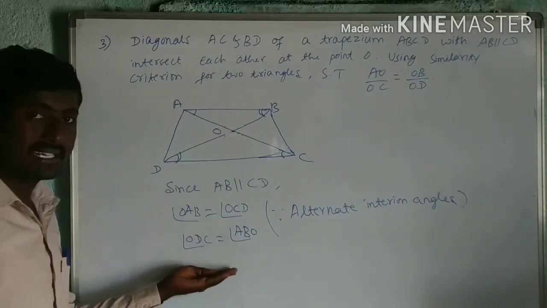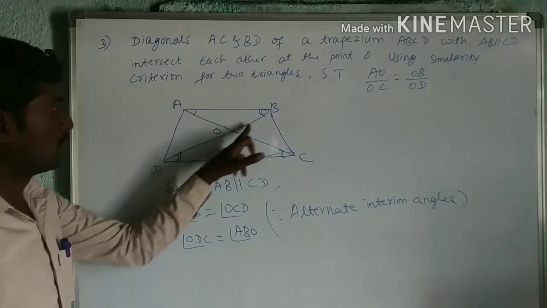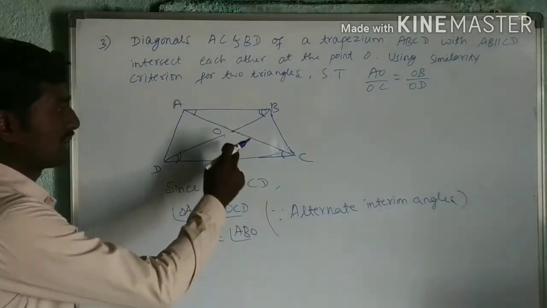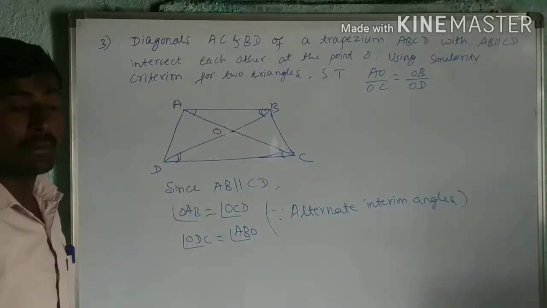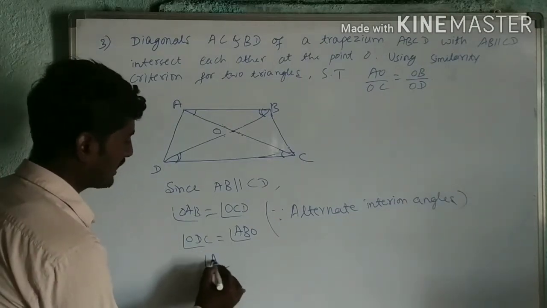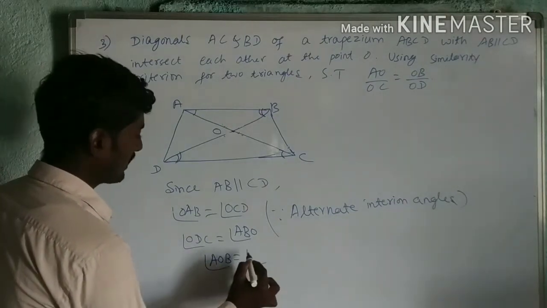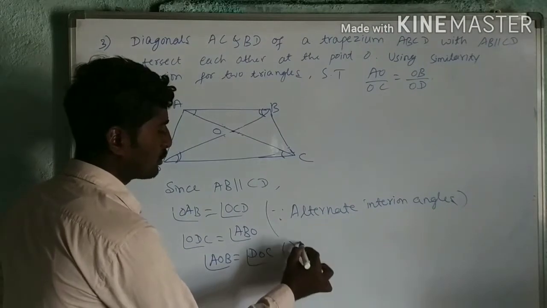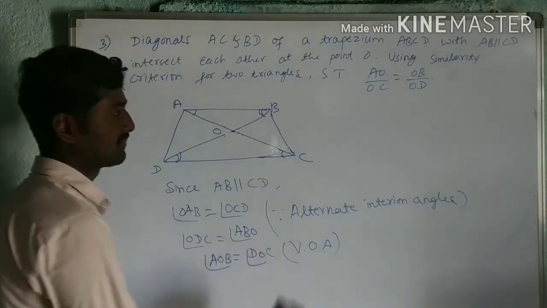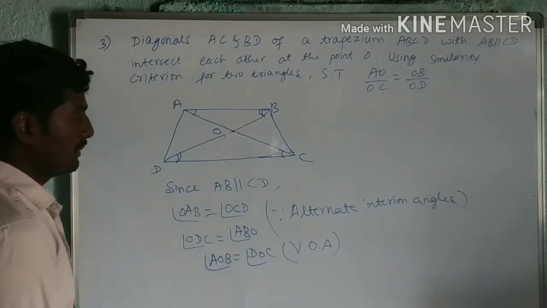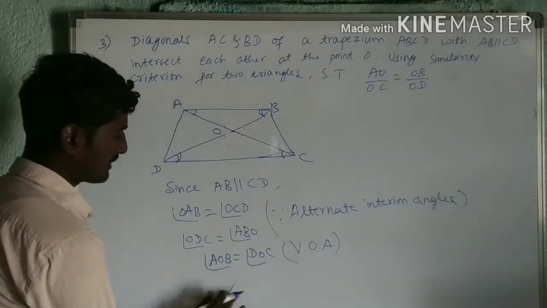Otherwise, you can take another angle also. So angle AOB is equal to angle DOC by vertically opposite angles. That also I'll write. Angle AOB is equal to angle DOC, that is vertically opposite angles. Now, by using what condition?